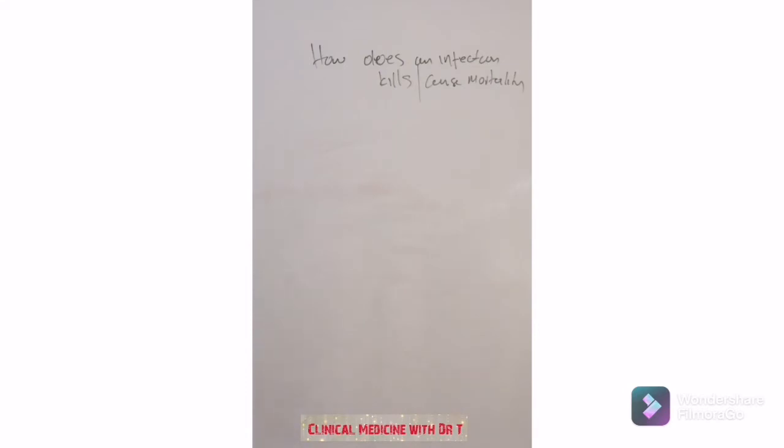Are they too young? Are they too old? The immune status of the patient, the nutritional status of the patient, and the location of the infection. Where is the infection? Maybe I should write this at the end and just list them.